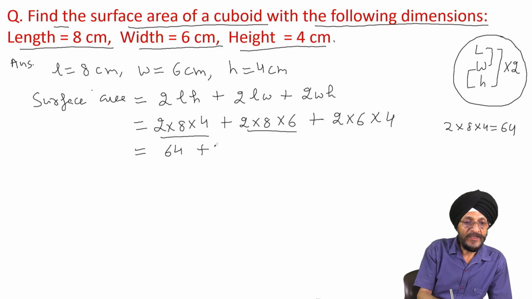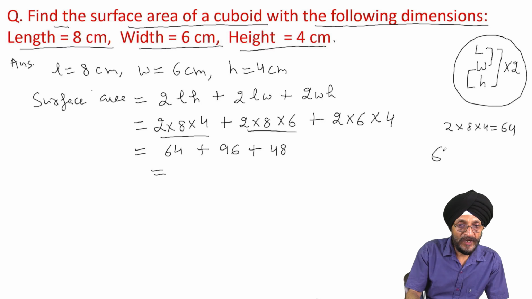When we multiply it, it comes 16 multiplied by 6. This comes 96. Then it comes 12 multiplied by 4. It comes 48.